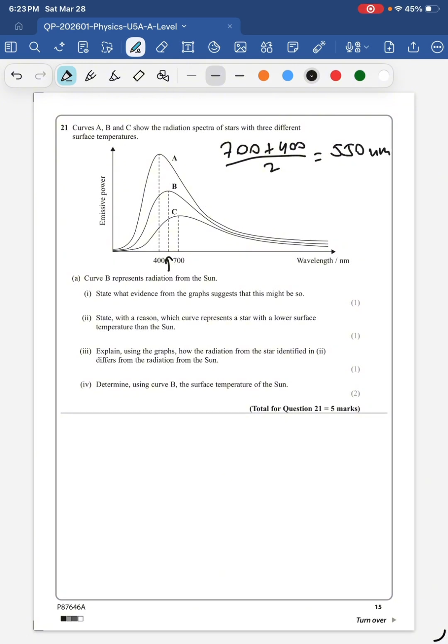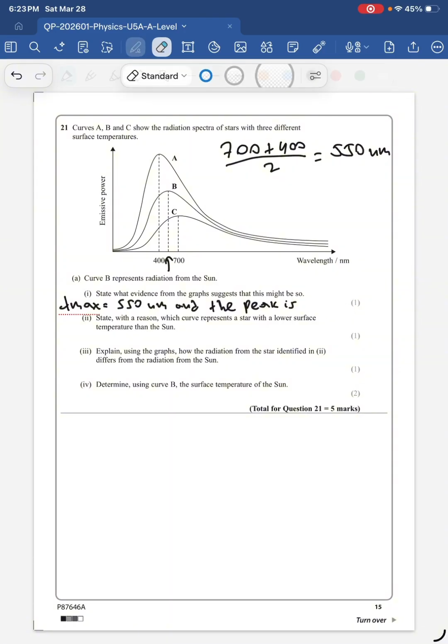So lambda max is 550 nanometers, and the peak is between 400 and 700 nanometers, like the sun.